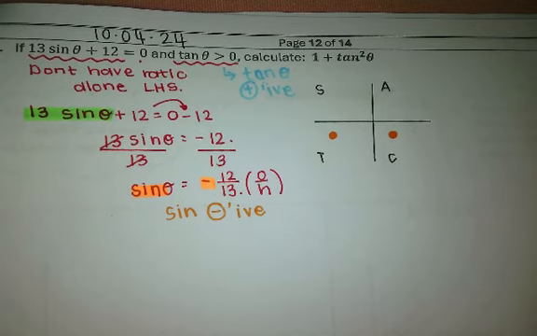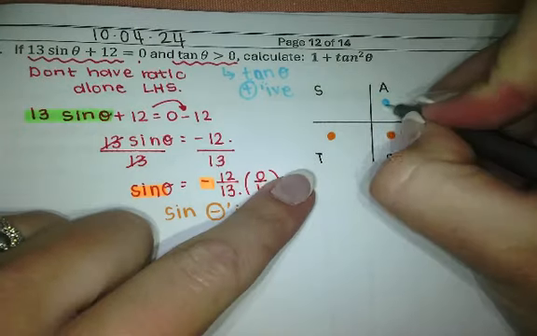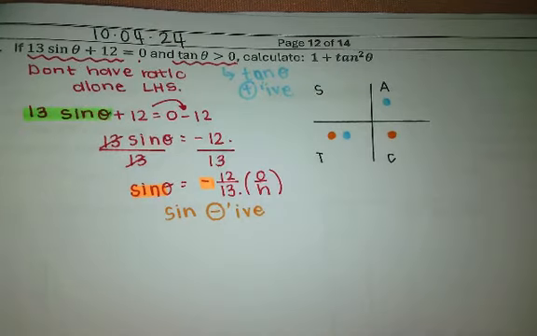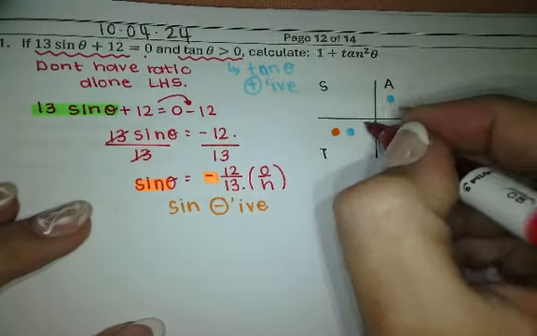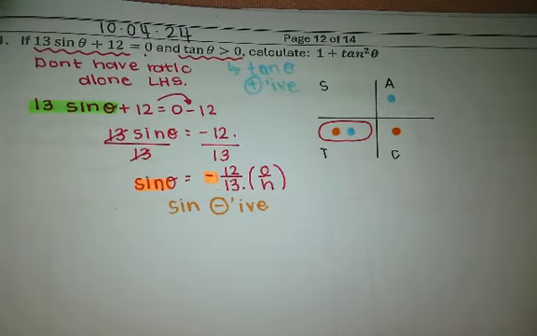And in which quadrants is tan positive? Quadrant 1 and quadrant 3. Which quadrant are we working in? In quadrant 3, because both of my dots are in quadrant 3.